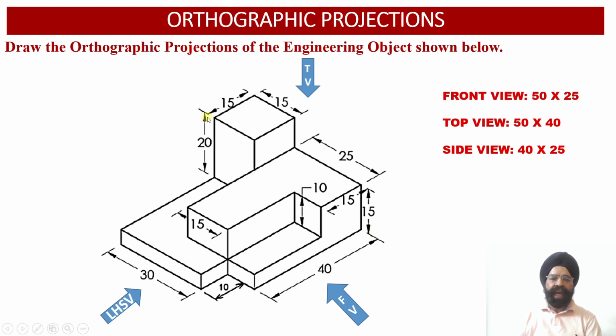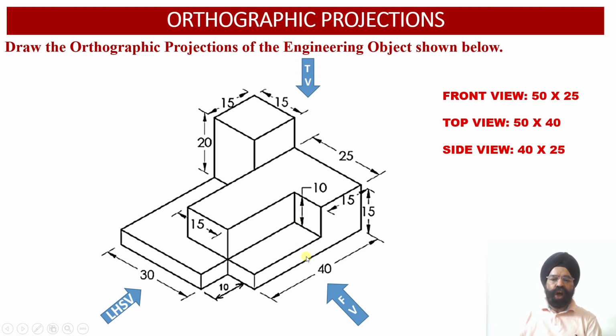So here we know that we have got 20 millimeter height corresponding to the square vertical block which is lying at the rear side of the solid. Now as we look at the constructional details of the solid, we observe that the height of this element is equal to 15 millimeter, while the height available corresponding to this element is equal to 10 millimeter.